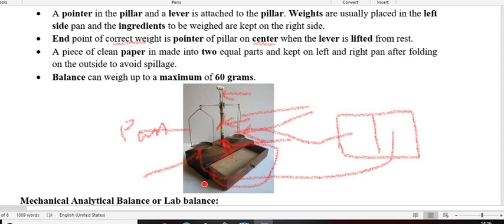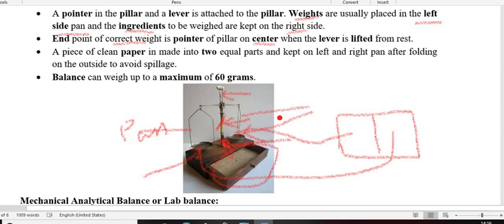Importantly, on the left side pan we usually keep the weight, and on the right side pan you have to keep the ingredient. This is very important, because it is easier to weigh on the right side.